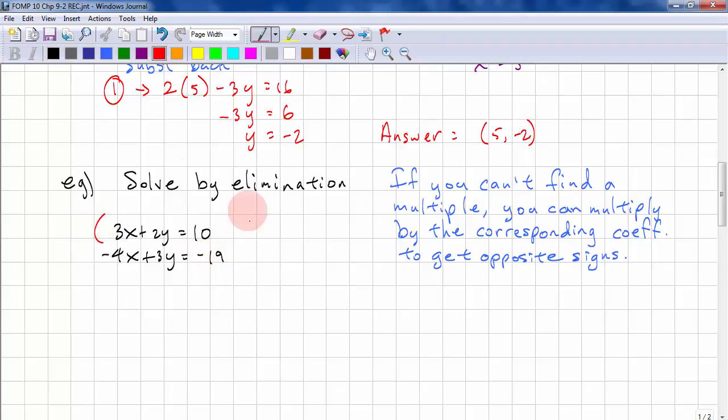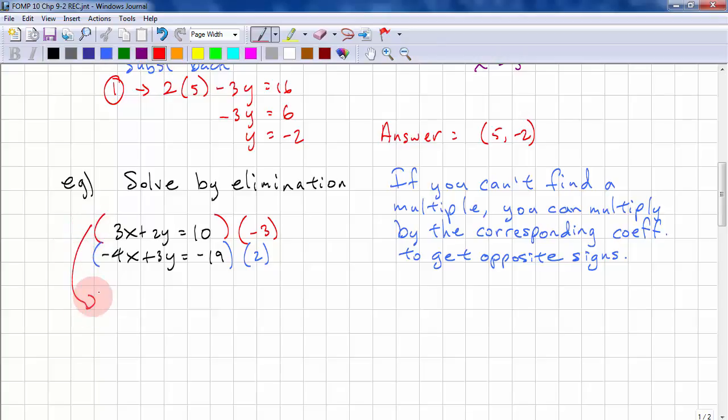What we want to do here is multiply the first one by negative 3. So we're trying to eliminate the y's here. We multiply by the corresponding coefficient. So this is going to be negative 3, and this is going to be just 2. We need one of them to be negative.